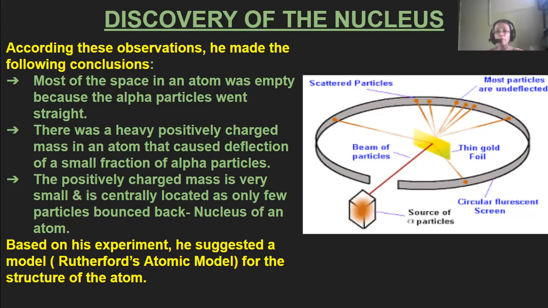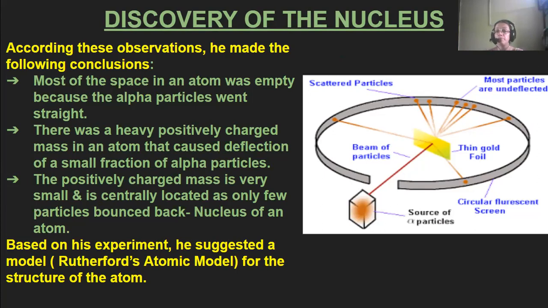Alpha particles are positively charged, and when they came near the positively charged mass in the center of the atom, they bounced back. That percentage of alpha particles was very few in number.